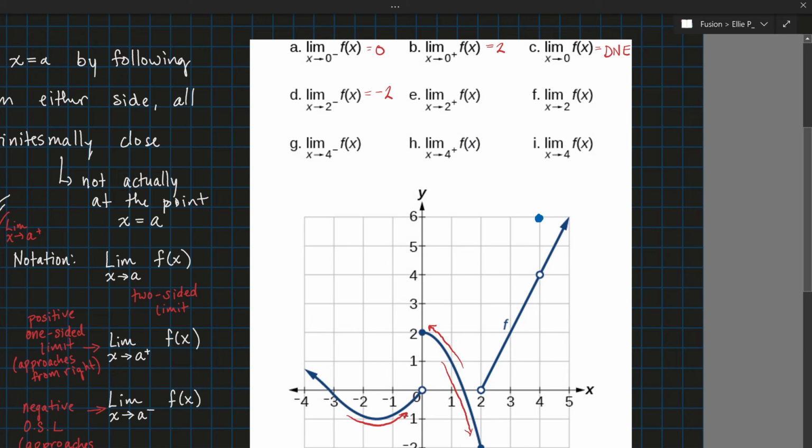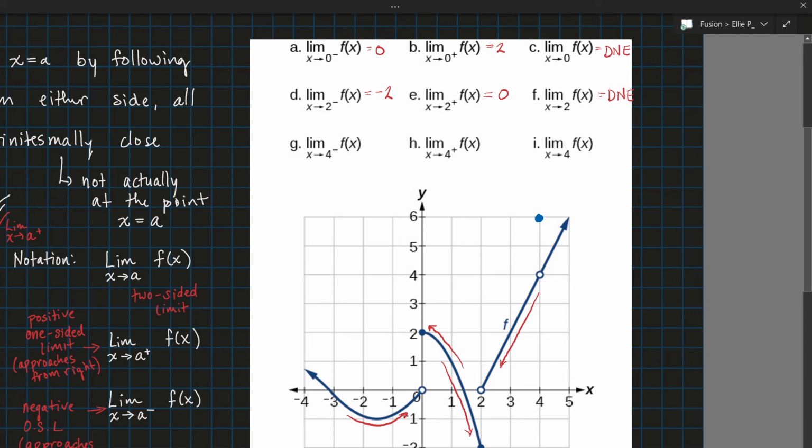And then from the positive side, yes, good. And then does not exist. Okay.